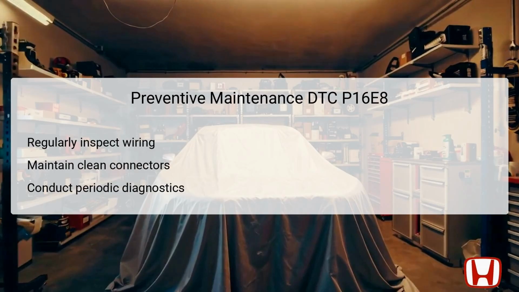Maintaining clean and secure electrical connectors can significantly decrease the risk of communication issues caused by corrosion or loose fittings. Moreover, performing periodic diagnostics using the HDS can ensure that any emerging issues are detected and addressed promptly before they escalate. By implementing these practices, vehicle efficiency and reliability can be greatly enhanced, promoting a more stable operating environment.